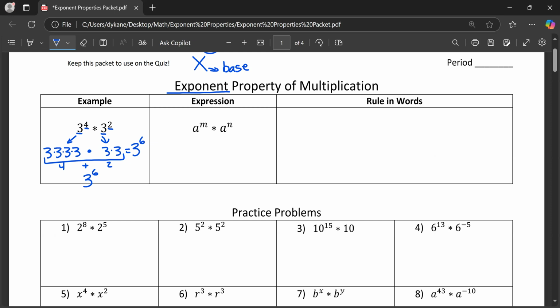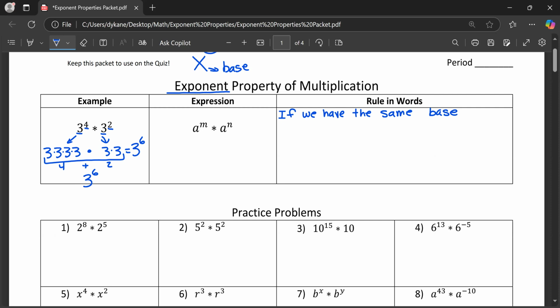So really all we're doing, if we're multiplying them, let's write our rule in words. The first thing we have to know is that these rules only work if we have the same base. Notice our base was 3.